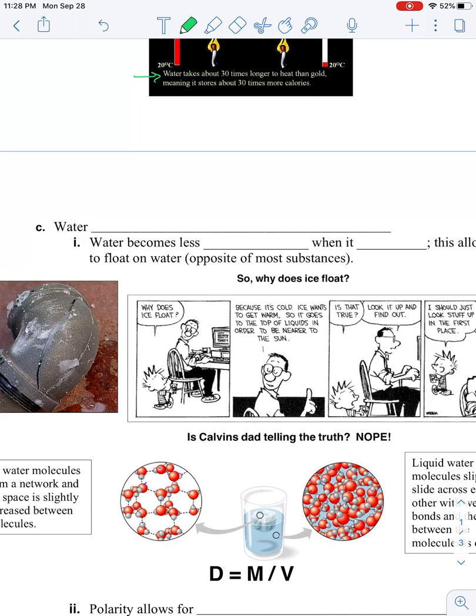Now, water becomes less dense when it freezes, and it expands when it freezes. So, starting with the fact that it expands, if water expands when it freezes, it increases in volume.